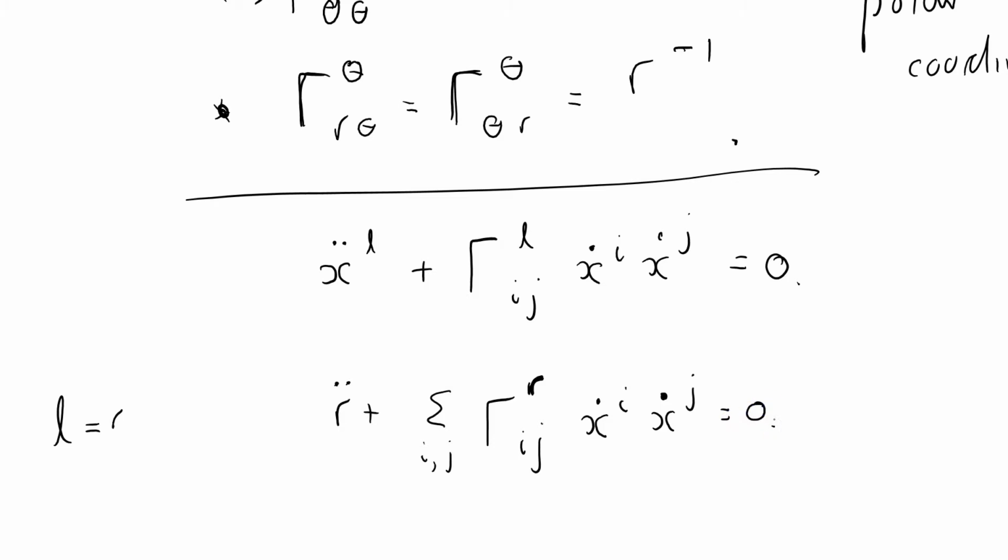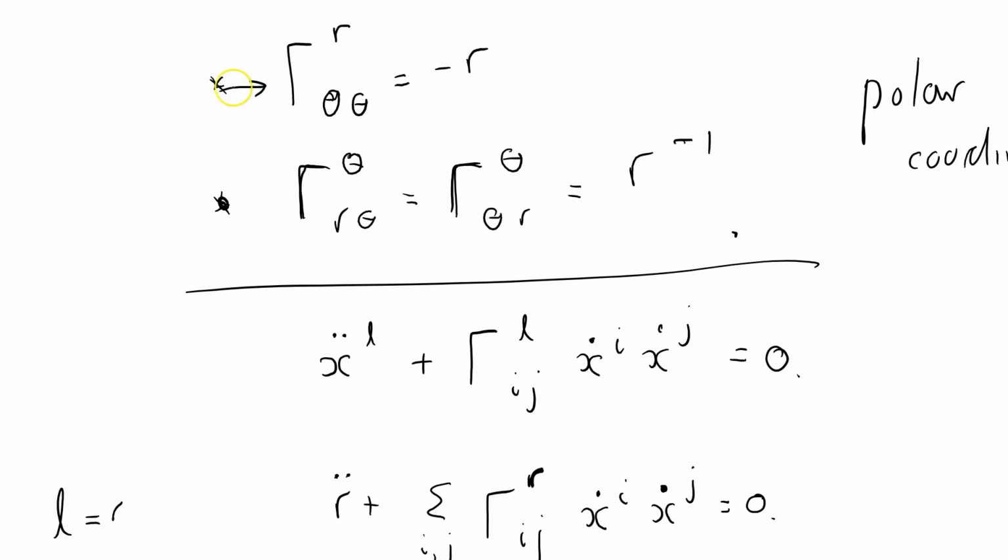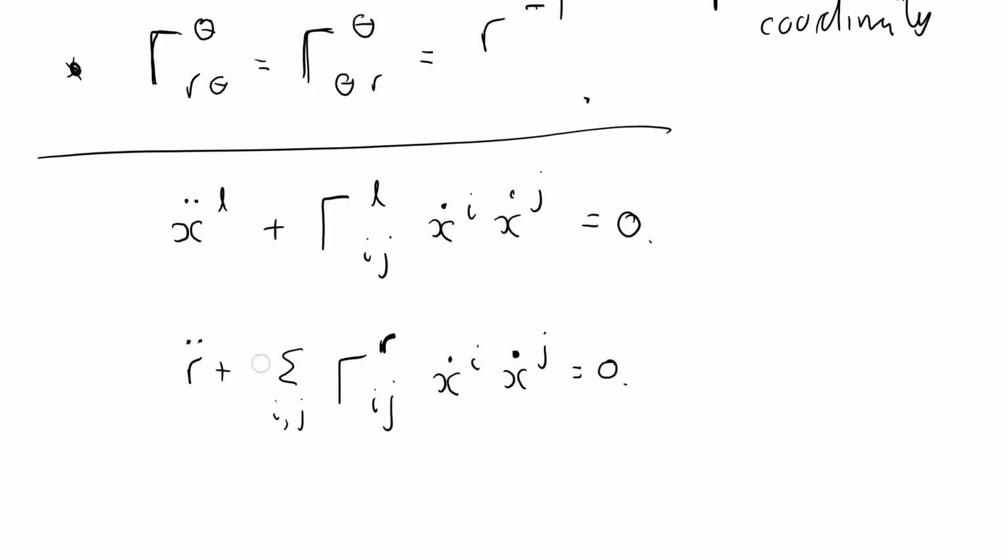So what does that tell us? Well, this is quite complicated because I'm summing over i and j, so I've potentially got 4 terms there. However, there's only one non-zero Christoffel symbol, which is this guy here, gamma r theta theta. So what that tells me is I can ignore everything except i equals theta and j equals theta.